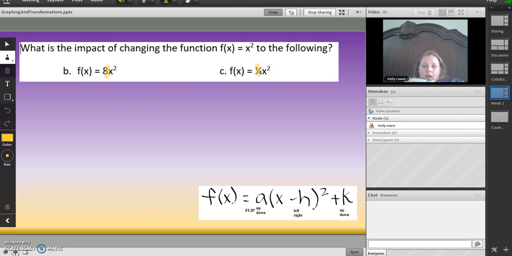There we go. 8x squared. That's x squared, and that's 8x squared. So notice 8x squared got skinnier.